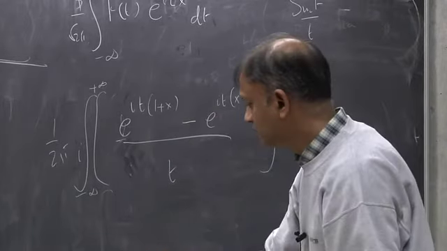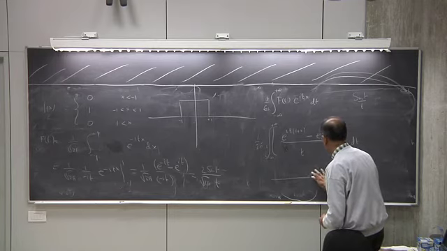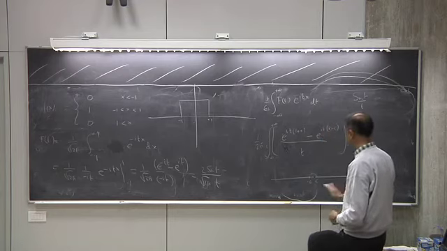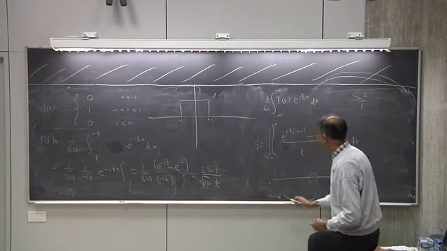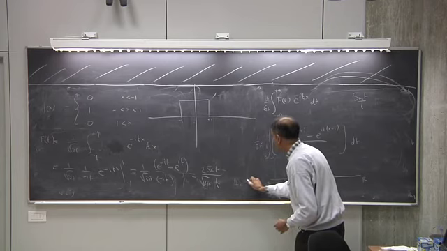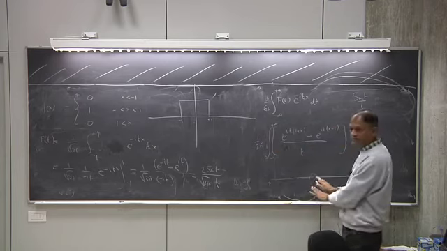So what we did was we took this around 0, I put a cutoff here, some epsilon to minus epsilon. And there we put some cutoff r to minus r. And then we took the limit r goes to infinity and epsilon goes to 0, right? But at the intermediate step, we did that.